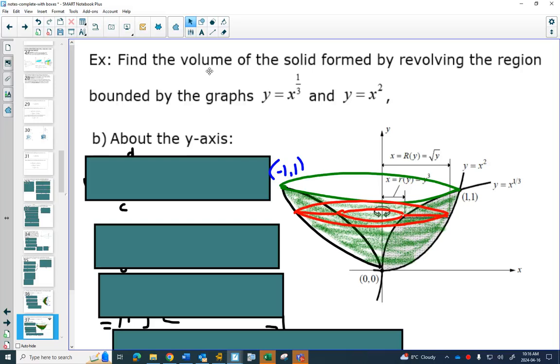The shaded part is an area in 2 dimensions. And that area, as you move it around, becomes a volume. We can find that volume by adding up all of these little washers that go along. Each of those washers is just one circle minus a smaller circle.